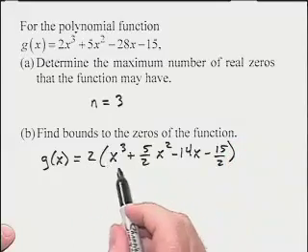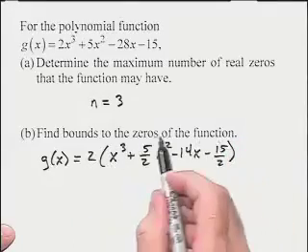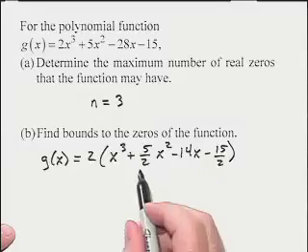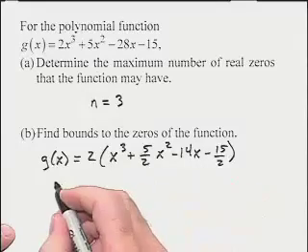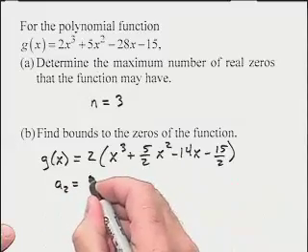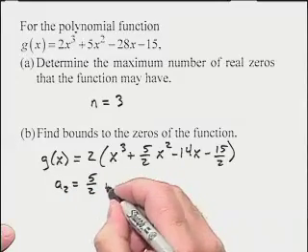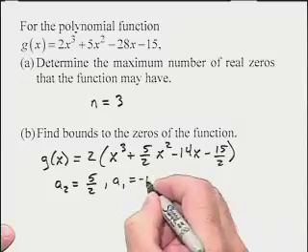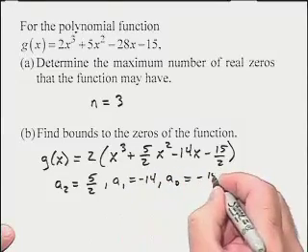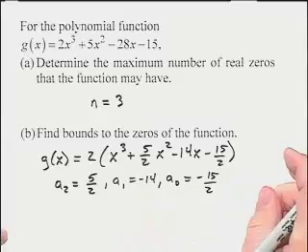By factoring out the 2, we've got this reduced expression in parentheses that has a leading coefficient of 1. If we look at just this expression in parentheses, we'll have a sub 2 is equal to 5 halves, a sub 1 is equal to negative 14, and a sub 0 is equal to negative 15 halves.